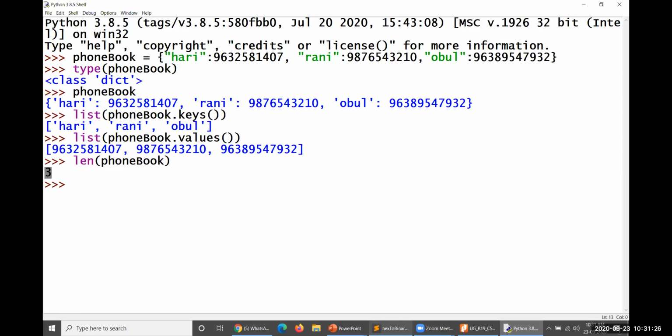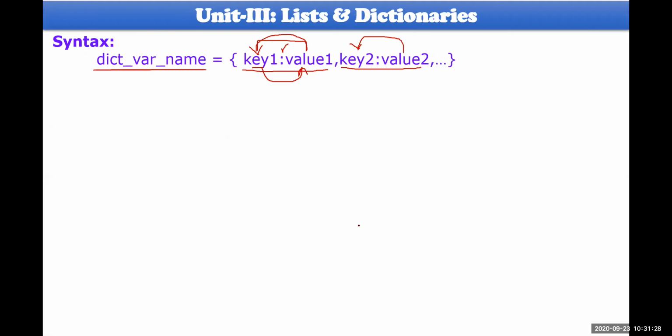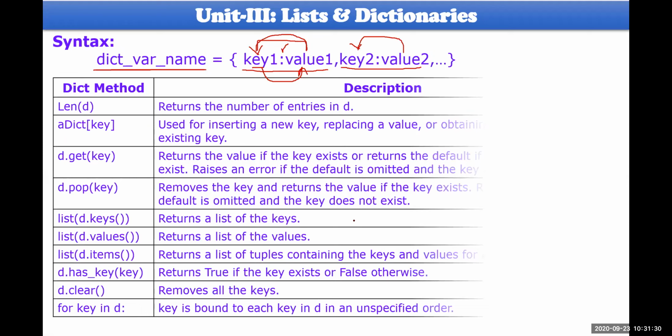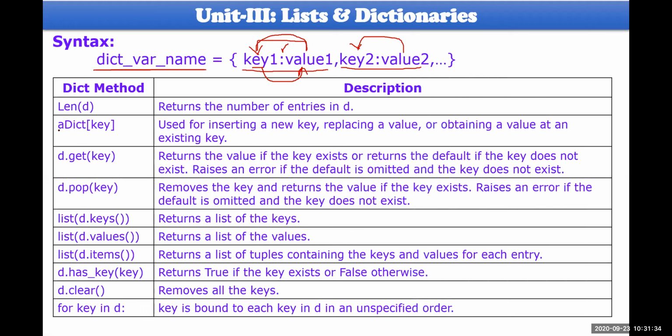Let us go ahead and look into the different methods which are available for dictionaries. Already the length has been seen, the list of keys has been seen, and the list of values has been seen. If you want to fetch one particular key's value, this is the specification.